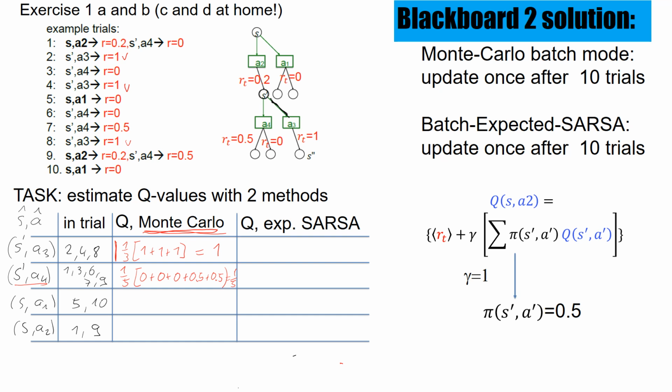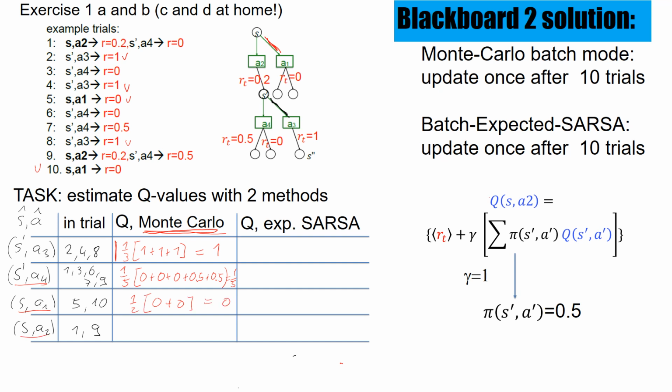Now let's look at S and A1. That would be this transition up here. S and A1 we saw in trial 5. We got a reward of 0. And we also saw it in trial 10. We got a reward of 0. And if we average this, it remains 0.